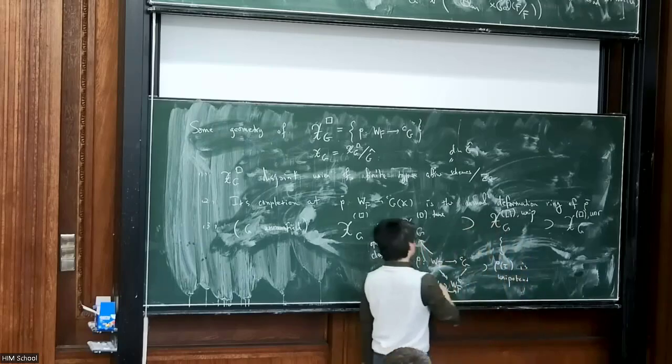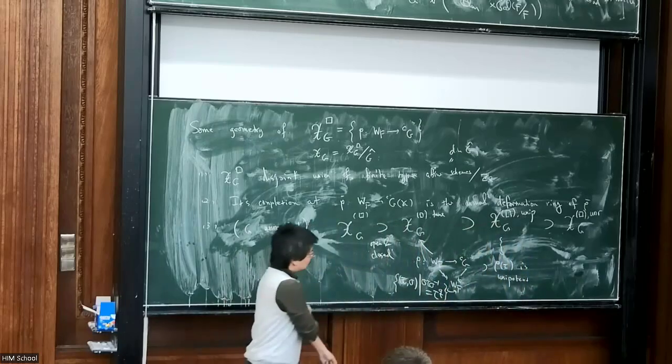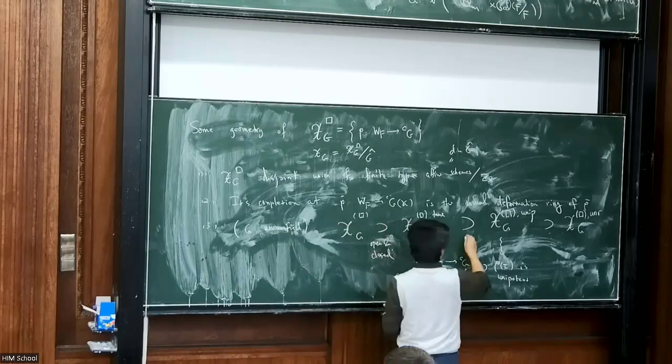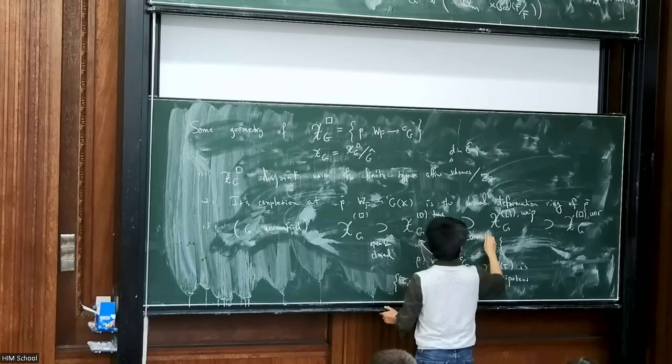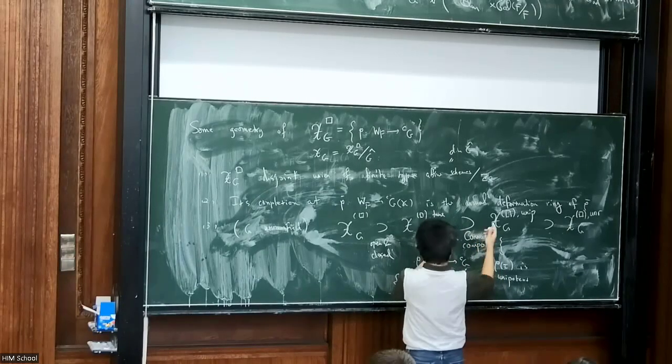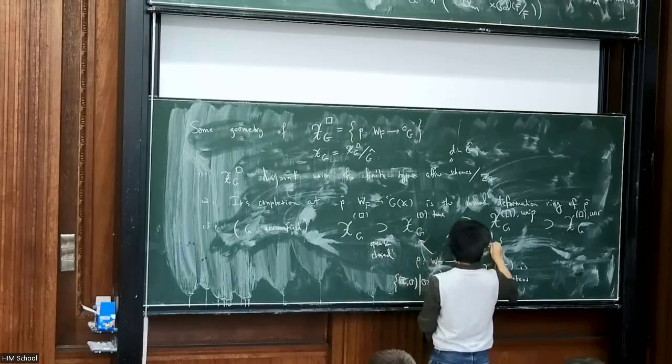And this definition is not very good in general. Over QL, this is also a connected component. I still write connected component, but it's not irreducible. It has several irreducible components.